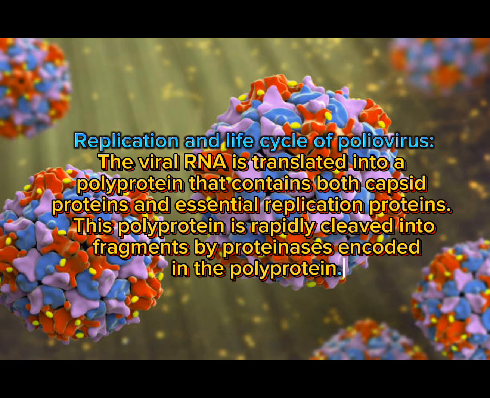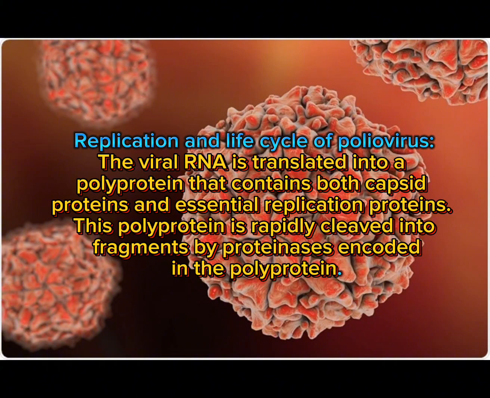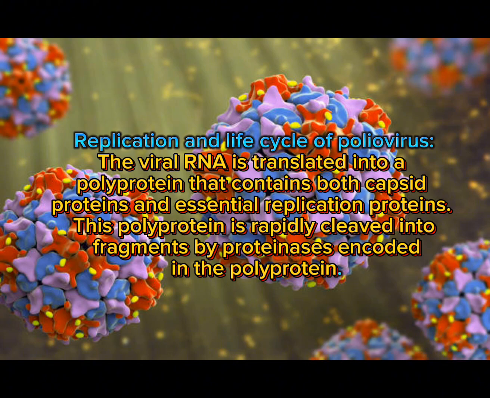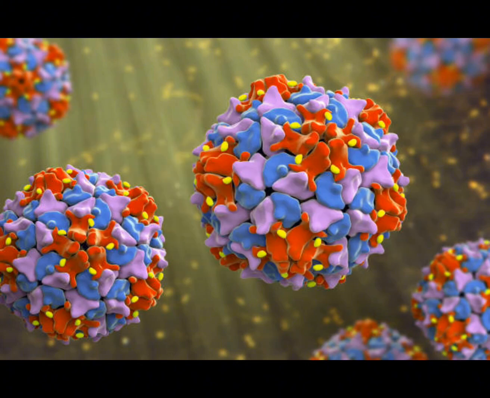Replication and life cycle of poliovirus. The viral RNA is translated into a polyprotein that contains both capsid proteins and essential replication proteins. This polyprotein is rapidly cleaved into fragments by proteinases encoded in the polyprotein.